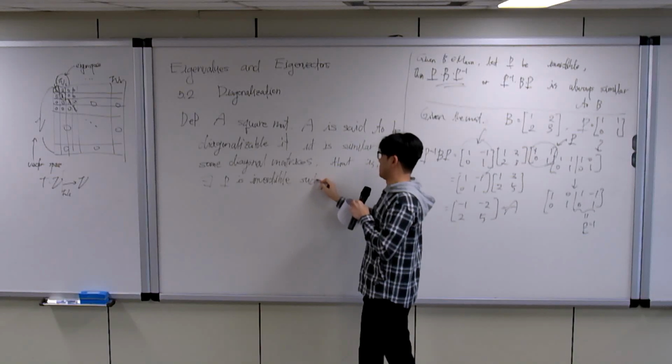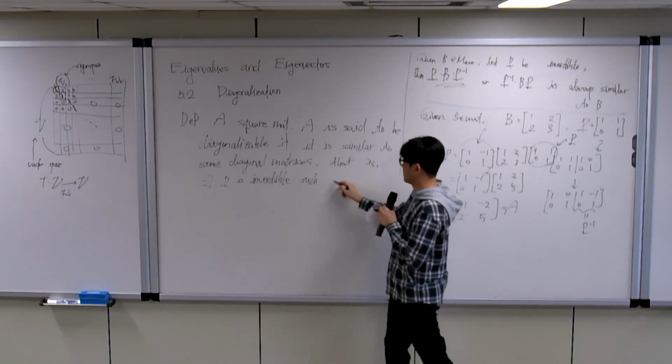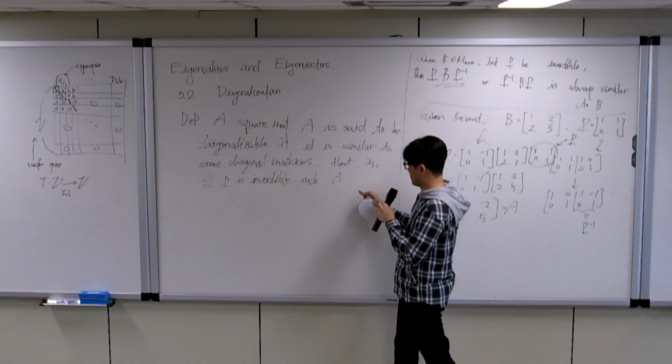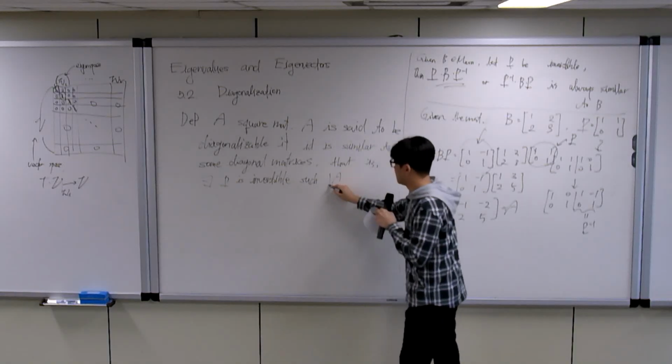Firstly, let's see the right side proof. Then we assume that A is diagonalizable.